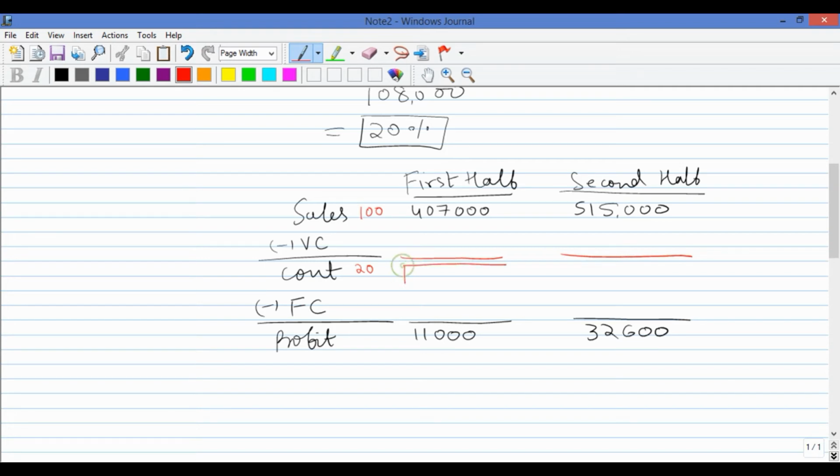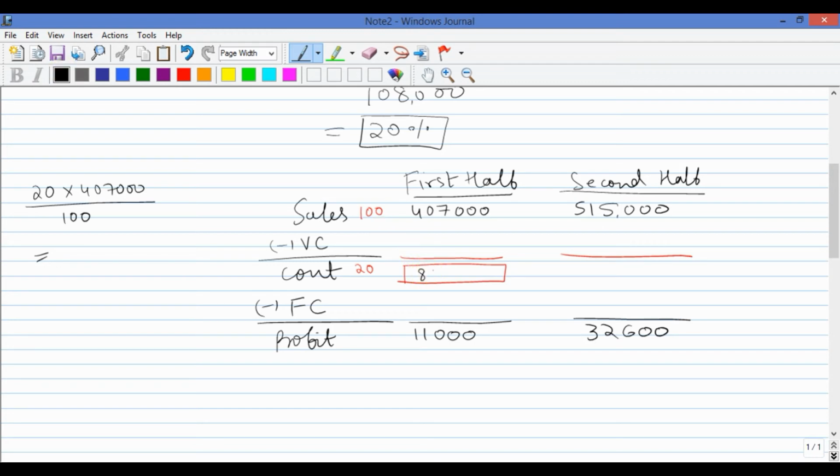So I can find this by cross multiplying: 20 multiplied by 4,07,000 and then divided by 100 is 81,400.